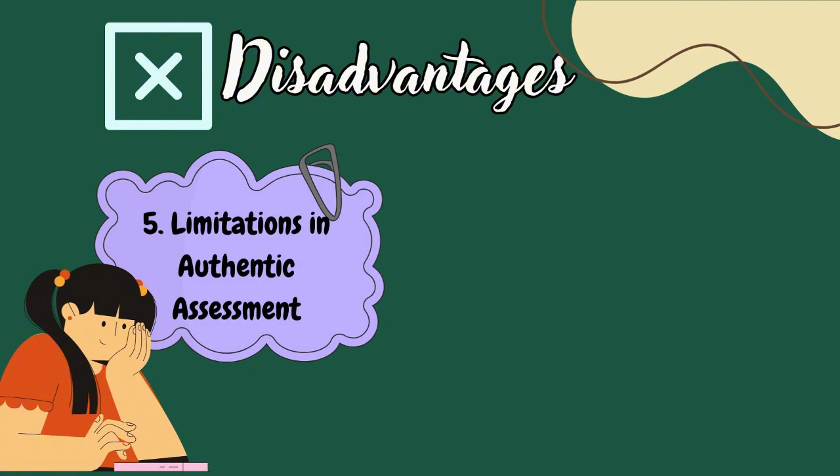Addressing these limitations requires careful consideration of how technology is integrated into authentic assessments, ensuring equal access to digital tools and implementing safeguards to maintain the integrity and authenticity of assessments conducted in a digital environment.